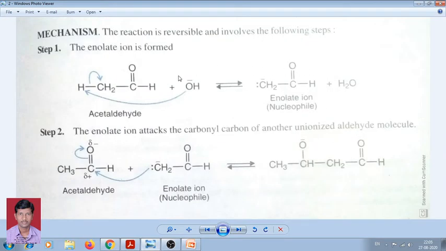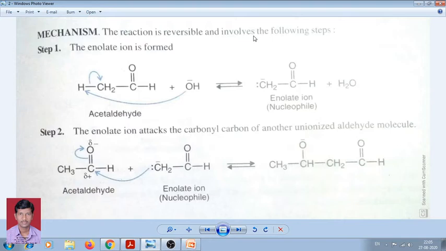Now, what is the mechanism? This aldol condensation reaction is a reversible reaction. How is it reversible? There may be a reversible reaction between acetaldehyde and the enolate ion, meaning the keto form gets converted into the enol form.